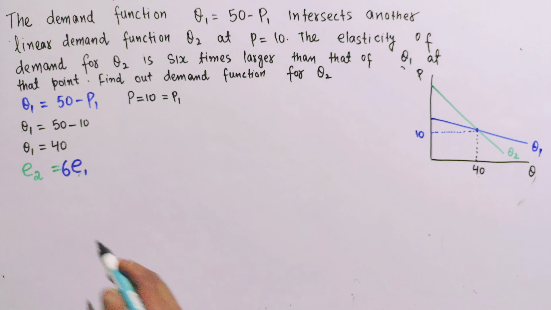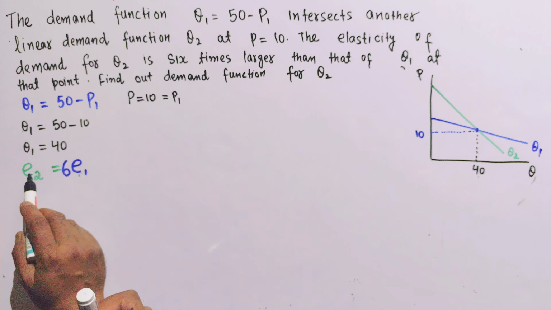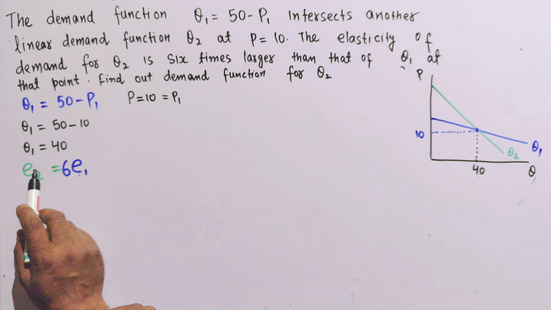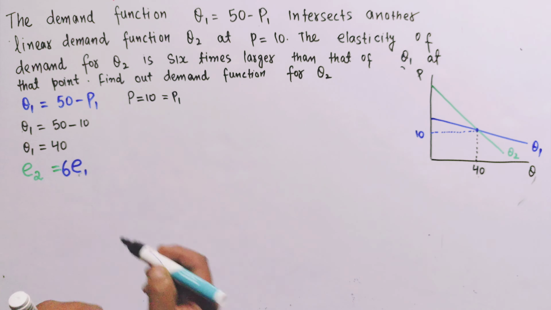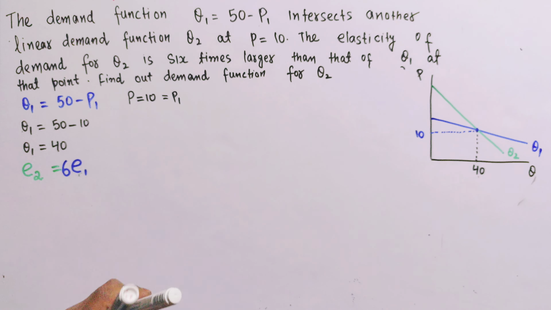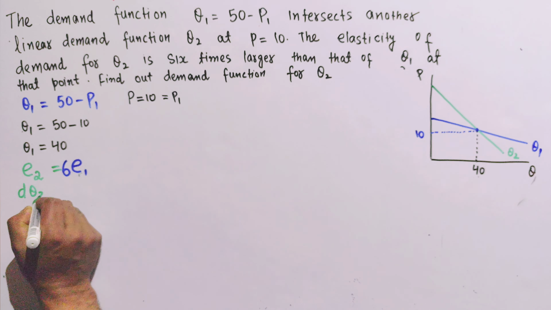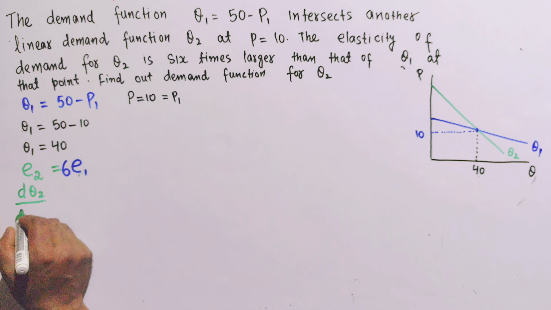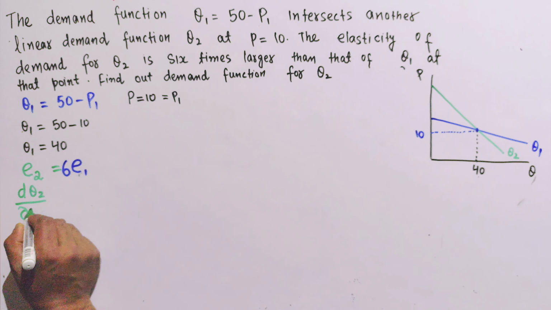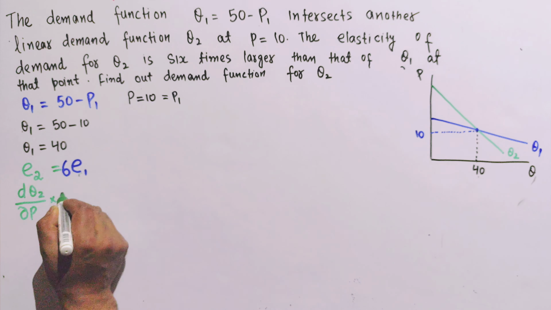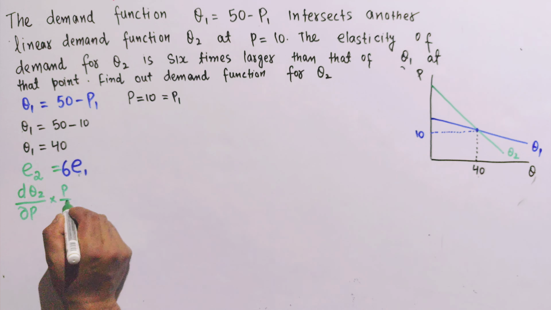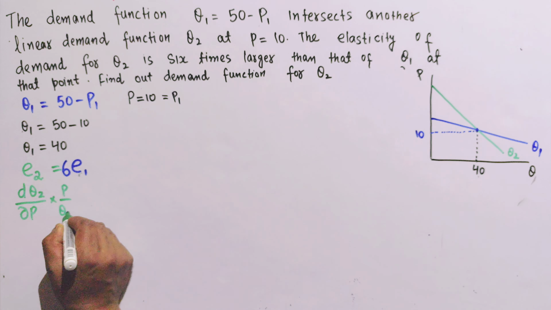Now we know the elasticity of demand for Q2, let's write the elasticity formula. It will be equal to the change in the quantity demanded of Q2 due to the change in the price, times P upon Q2.